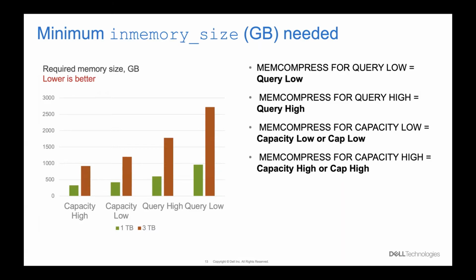On the drawing, you can see the required memory size in gigabytes for different compression levels with different sizes of data sets. And in our case, with the highest level of compression, which is capacity high, we achieved compression of 3x. So that's pretty good.